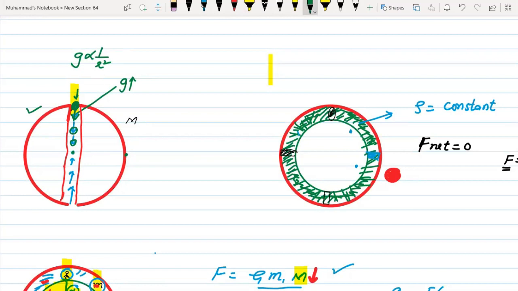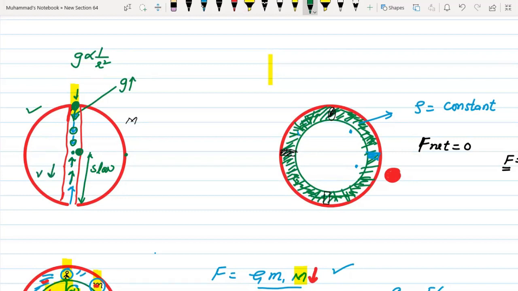So at the center of Earth, then as you cross the center of Earth, the force on you becomes in the opposite direction, so you will become slow. So from here to here, you will become slow, and due to inertia you will go, the direction of velocity is towards down.